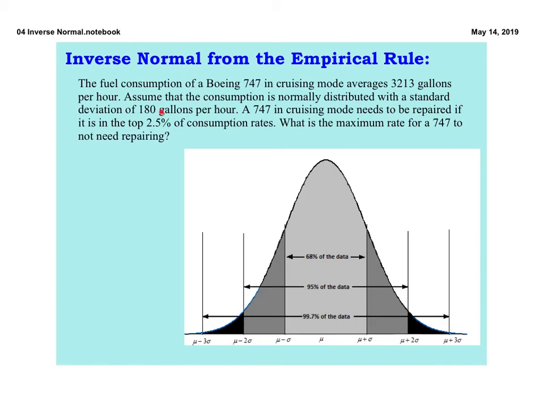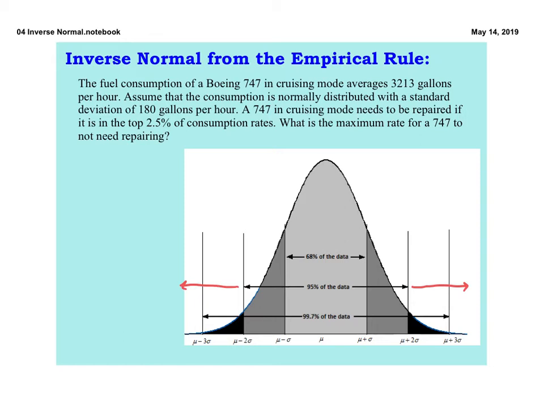Okay, so this one is one that we have memorized, because when you think about it, we have 95% of the data within two standard deviations of the middle. So by deduction, the rest of it here and the rest of it there must add up to the remaining 5%, because you need 100% represented.